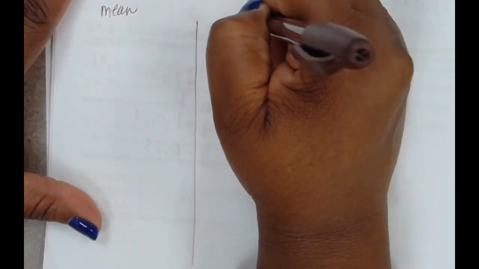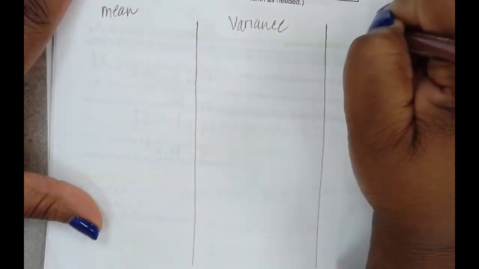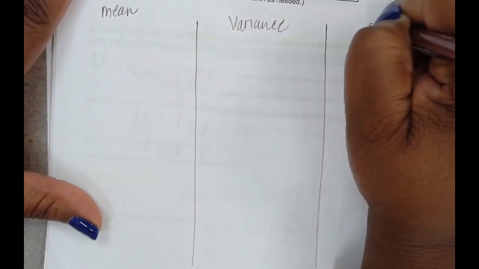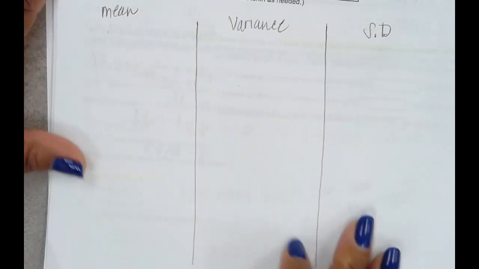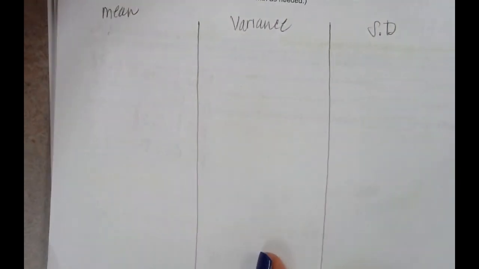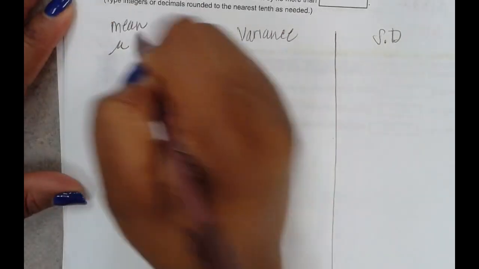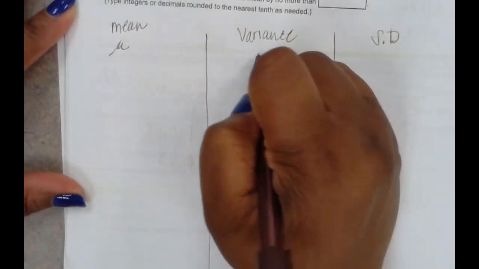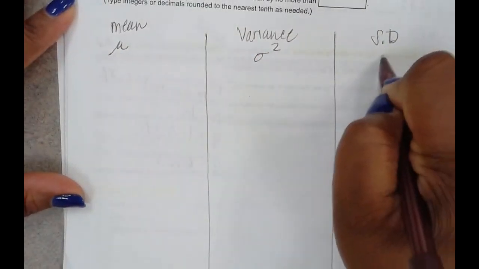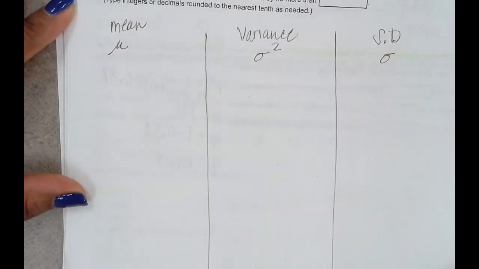Then we're going to find our variance. And then find our standard deviation. Remember, the mean is mu. Looks like a funny looking, like a cursive U. Variance is sigma squared. And the standard deviation is sigma.